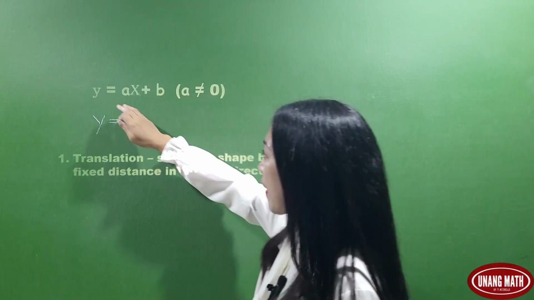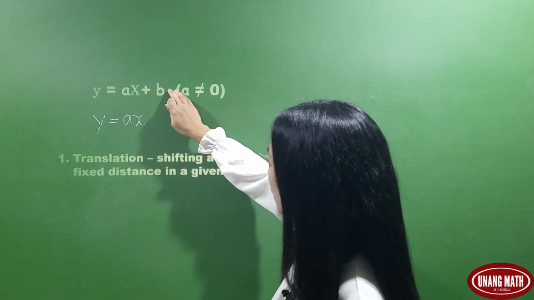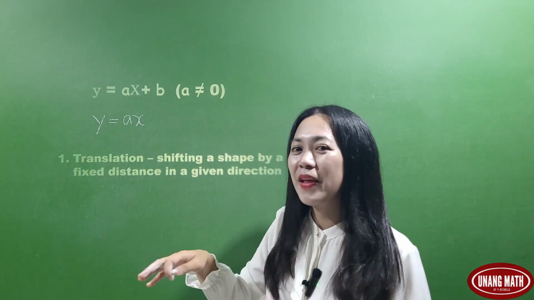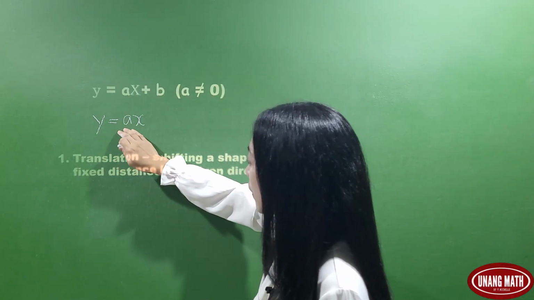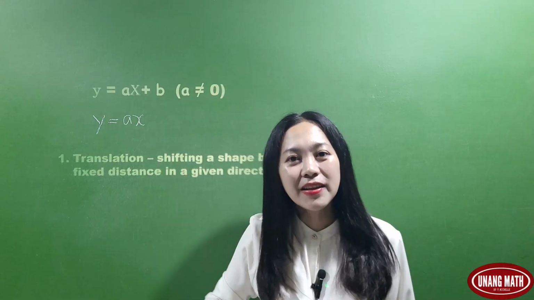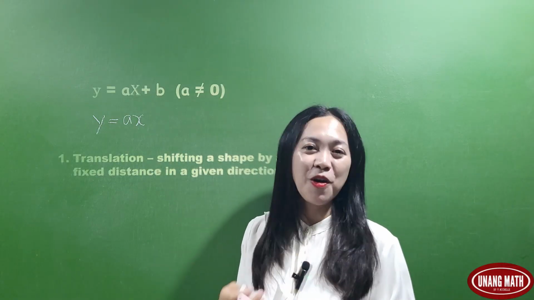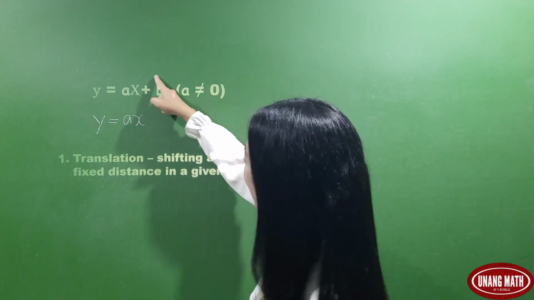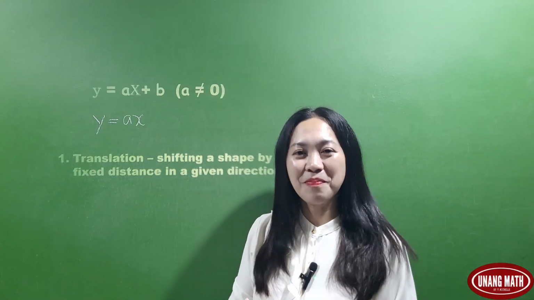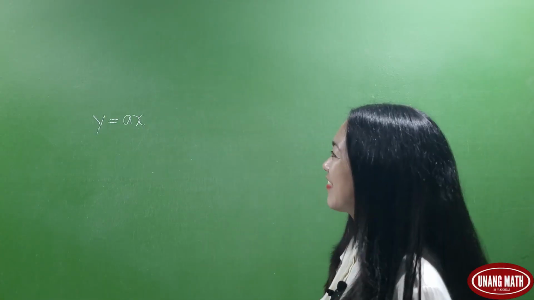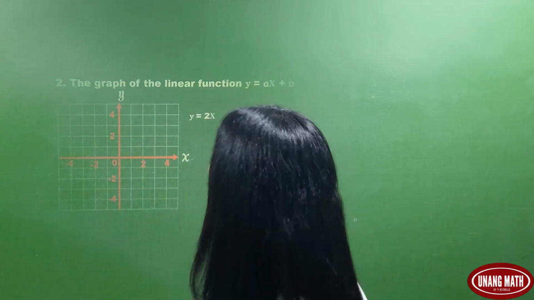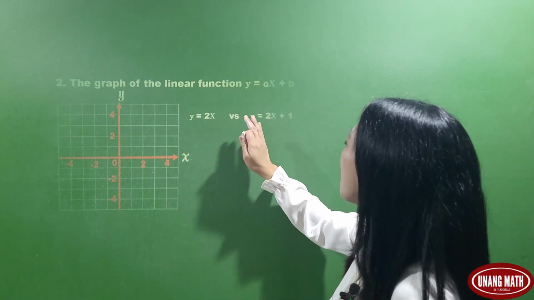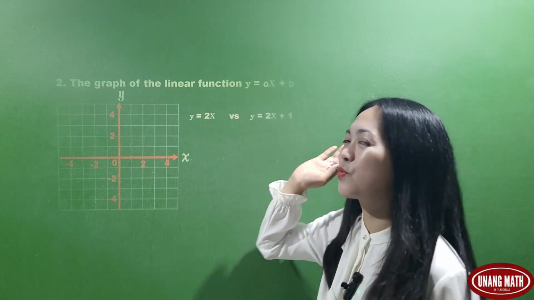So to find the graph of this function y is equal to ax plus b, we will translate the graph of y is equal to ax vertically by how many units? This value of b. Okay, let's give an example. We will compare the graph of y is equal to 2x and y is equal to 2x plus 1.